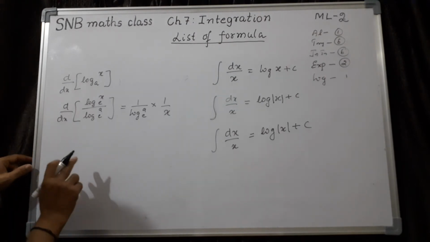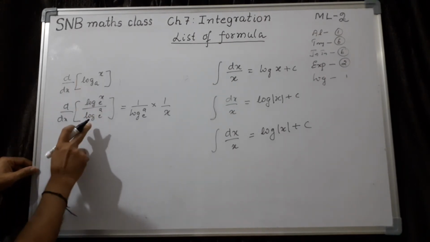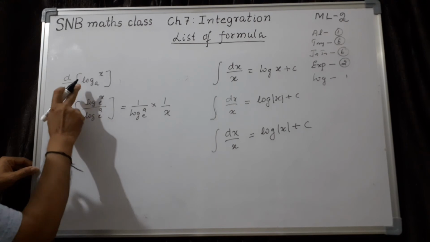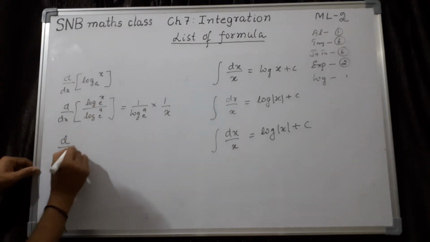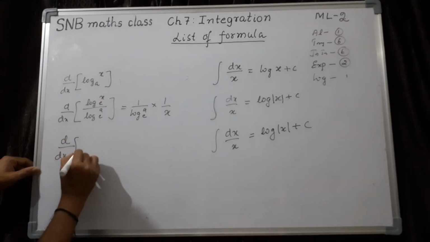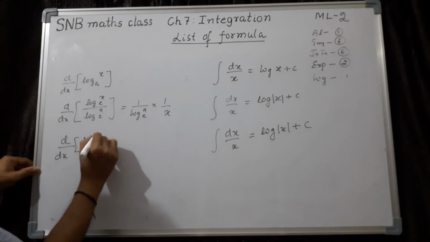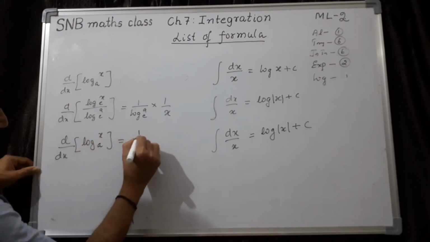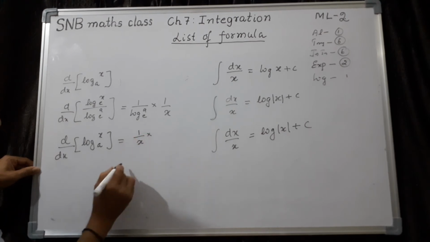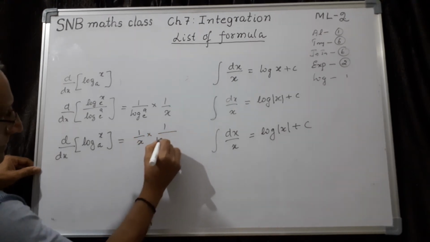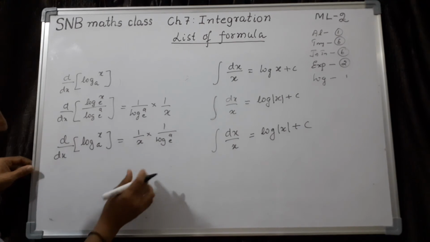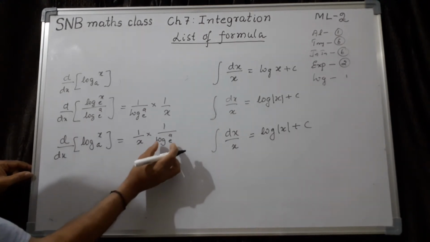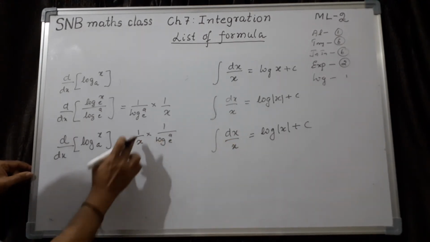So therefore we can say in general d by dx of log of x to the base a equals 1 by x, then 1 by log a to the base e, but this is a constant. I don't want this here because I want a formula for this one.